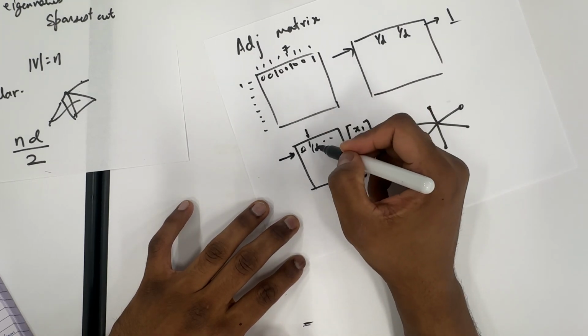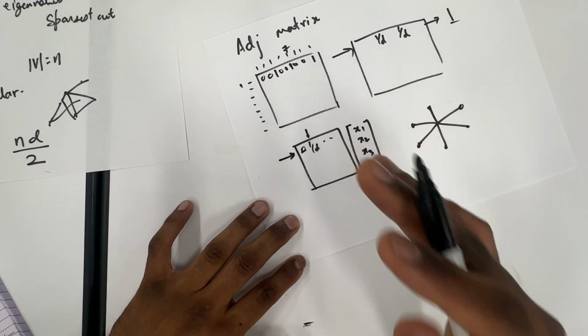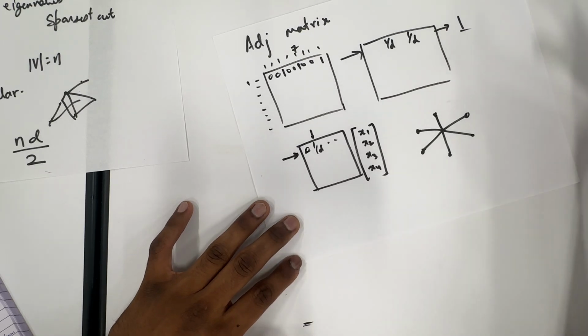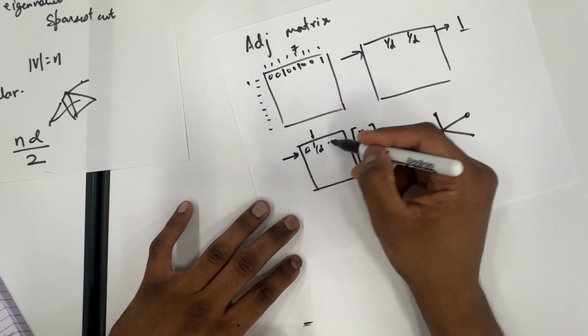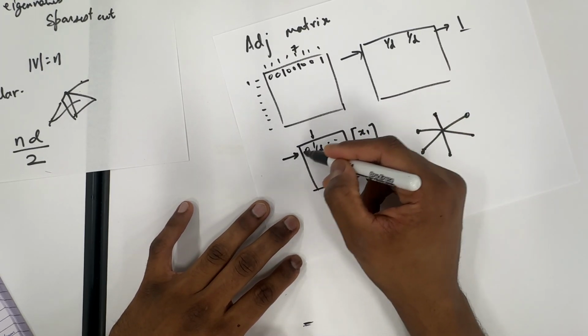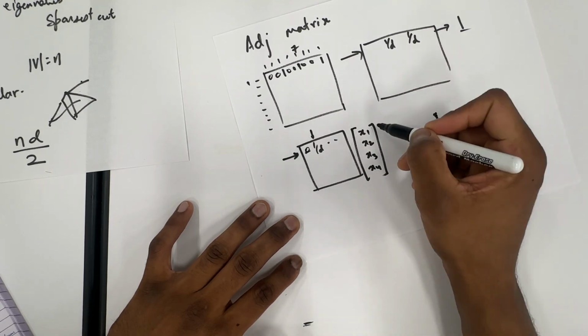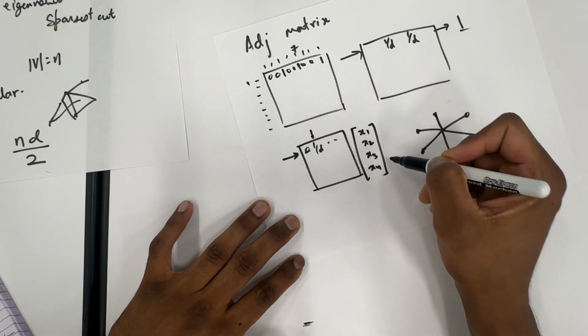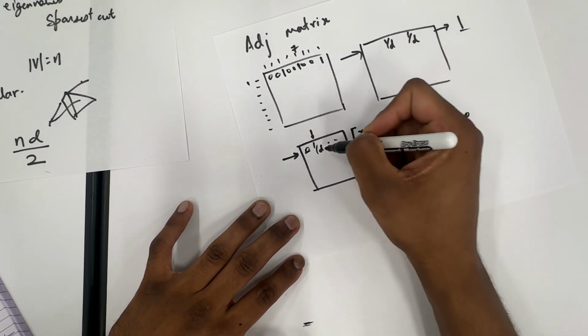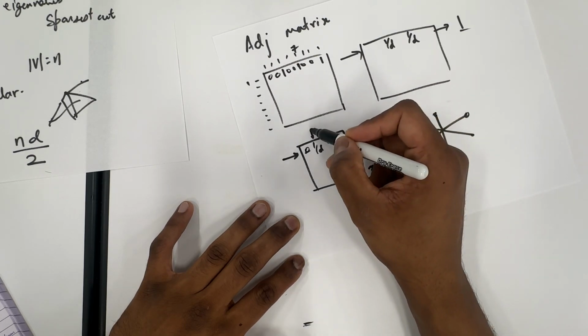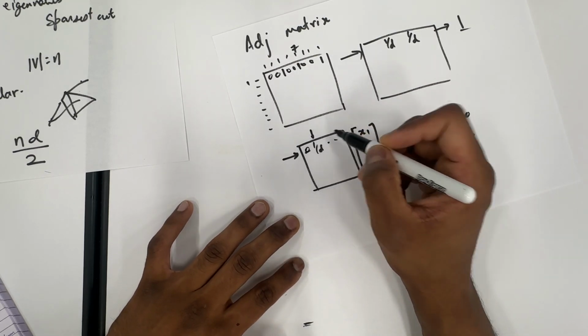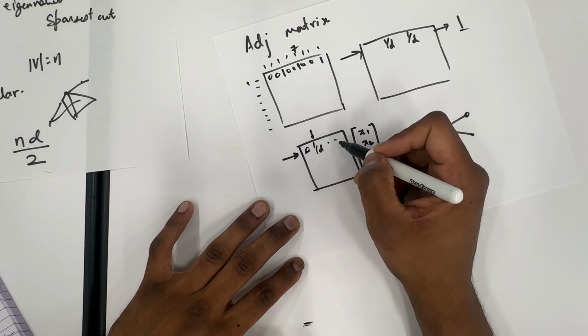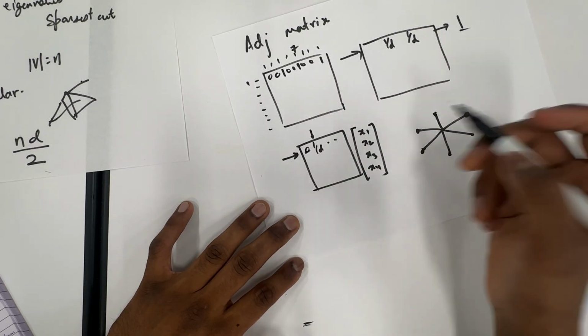The column which has a value 1 over d precisely corresponds to its neighbor. And when I'm multiplying this matrix with this vector, which element is 1 over d multiplied into? Precisely the corresponding neighbor. And there are a total of d such 1 over d entries.